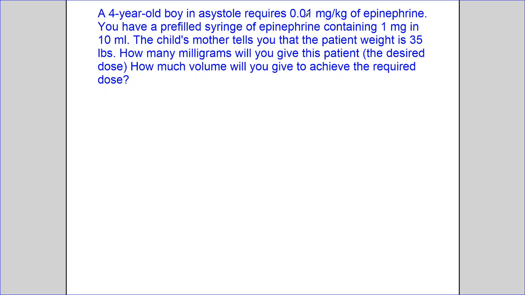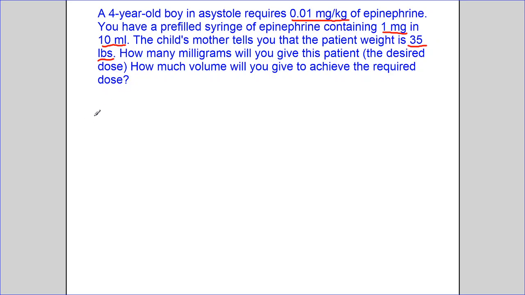So let's see here. What's important? This is important right here, 1 milligram and 10 mLs. Child's weight is 35 pounds.